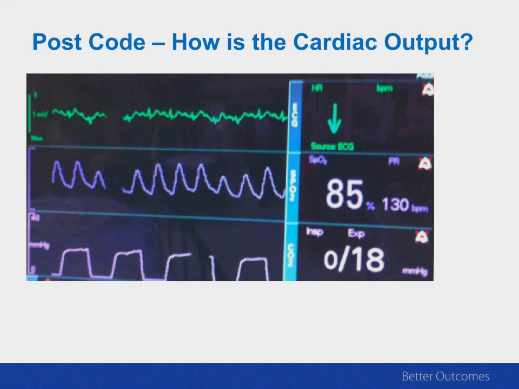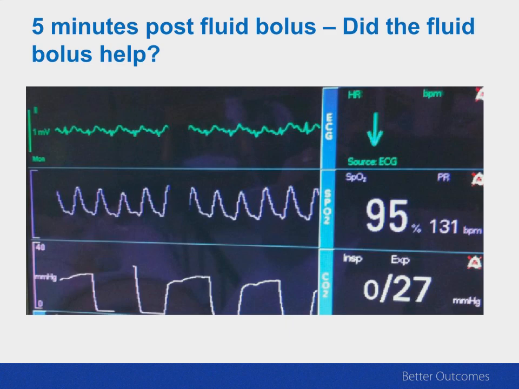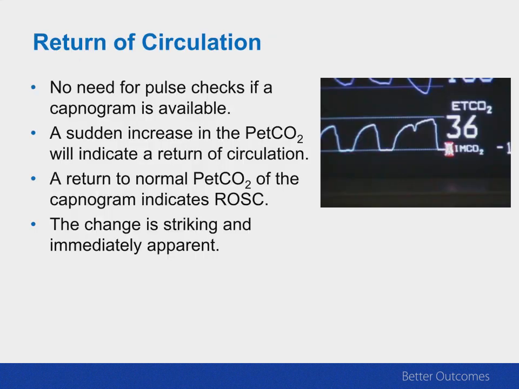We certainly would want to start doing some hemodynamic measurements, because while it's better than 10, it's still not very good. But in this particular case, they gave fluid to the person, and notice the end tidal went from 18 to 27. That's a really good response to fluid administration, showing this person probably was hypovolemic.